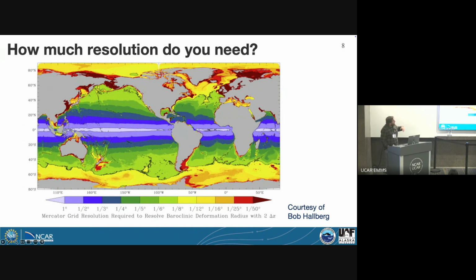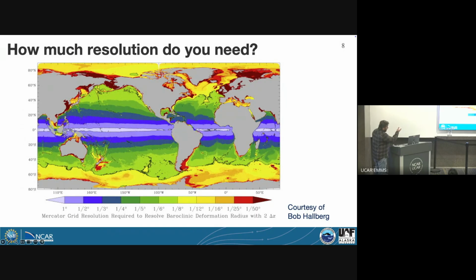What you can see is that when you move to higher latitude, you need a lot more resolution. And when you move to a coastal region, where you have relatively shallow ocean over the continental shelf, you need even higher resolution.